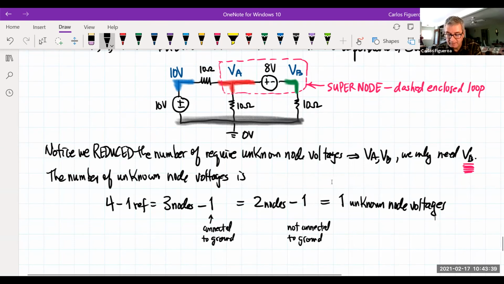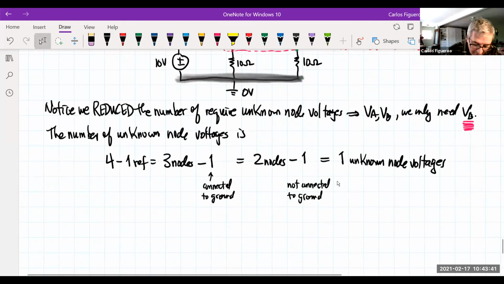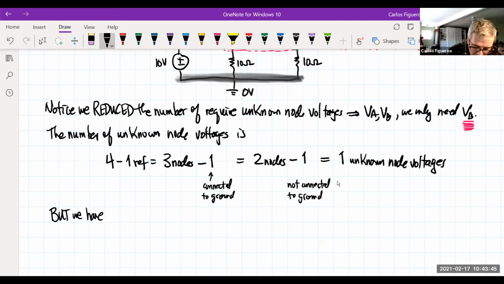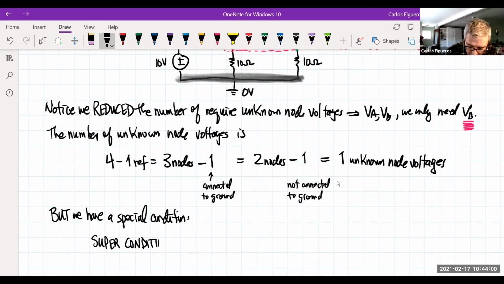But there's a condition here. We have a special condition, and this is what I call a super condition. I typically call this SC.